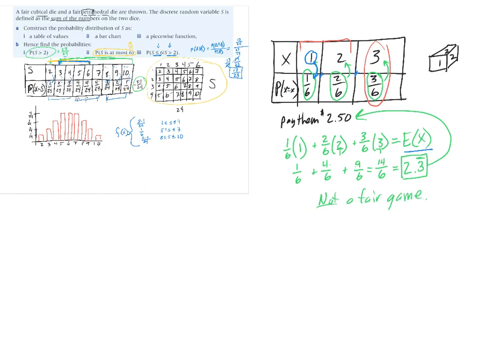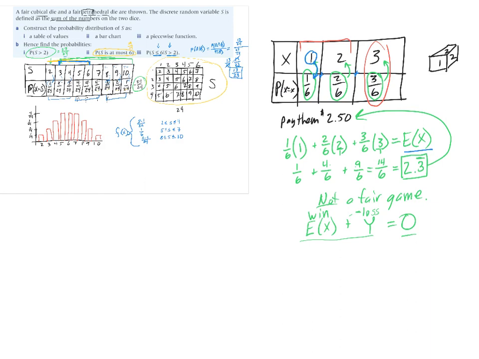A fair game is one for which you add your winnings and your losses, whatever that may be, and if you consider your loss to be negative, or you can subtract them, totally up to you, when you put your win and your loss together, you get 0.